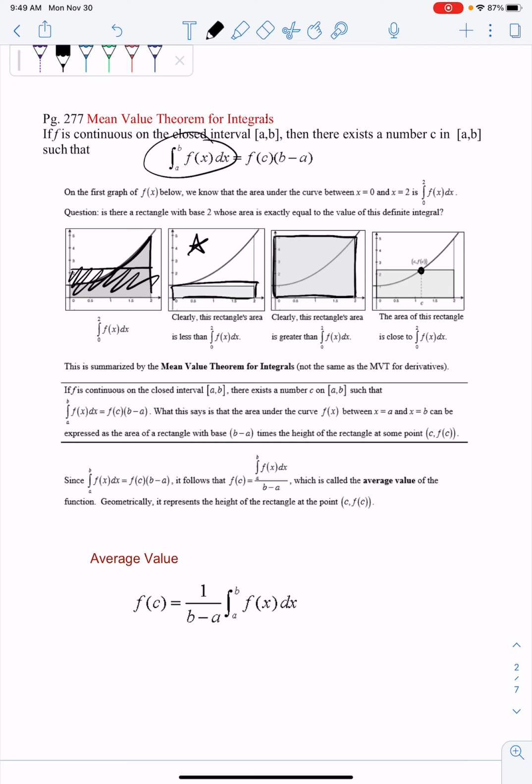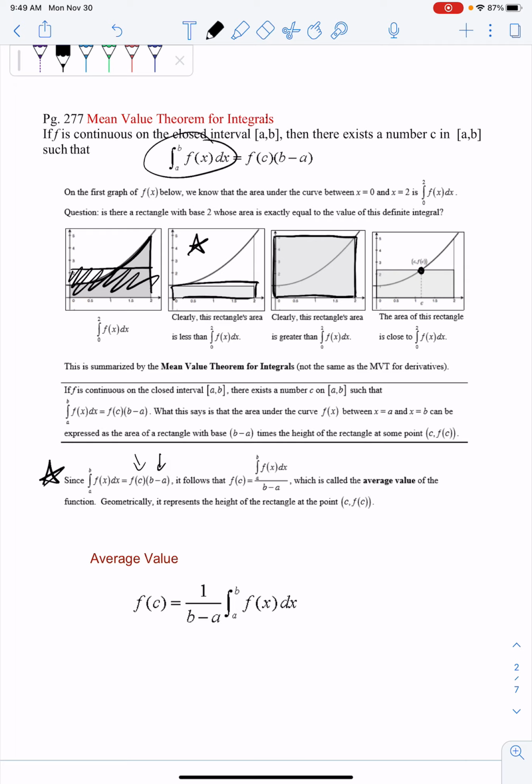So what we're saying, and I'm skipping down here a little bit, is that the integral from a to b of f of x dx is equal to some y value times the width of my integral. I'm finding the area of that rectangle, right?